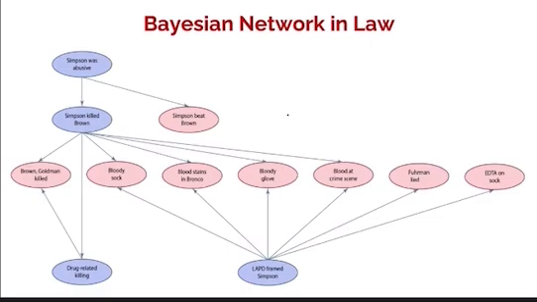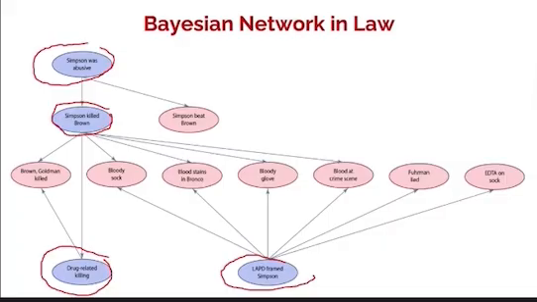If you take a look at the blue nodes, please pay attention, the blue nodes are the hypotheses. Simpson was abusive is a hypothesis. They need to prove that before the court of law.